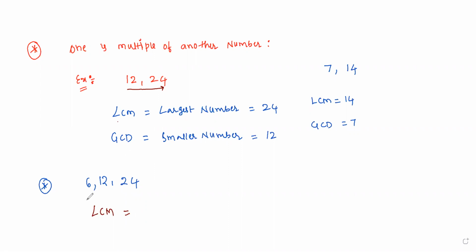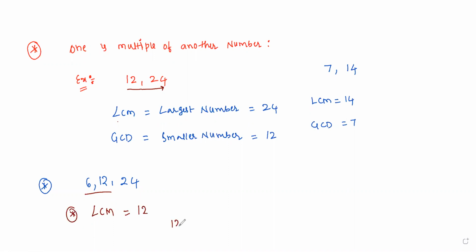In the same way, in the LCM, first we take any two numbers. In case they are in a multiple relation, automatically the largest number becomes the LCM. So in the first step we get the LCM as 12.